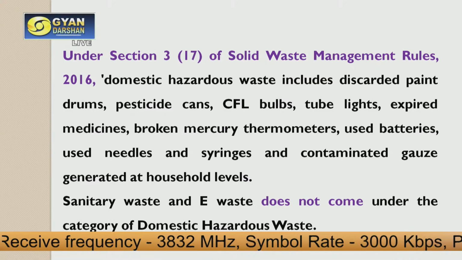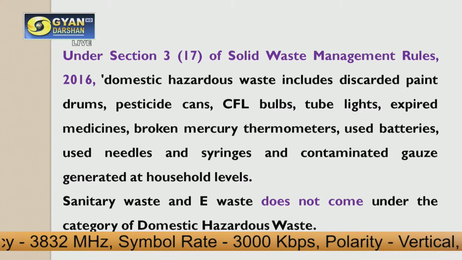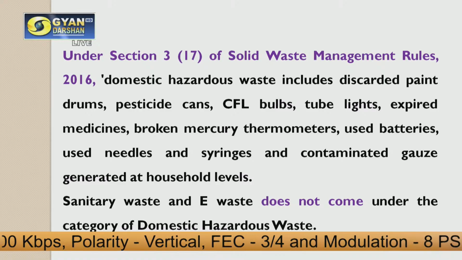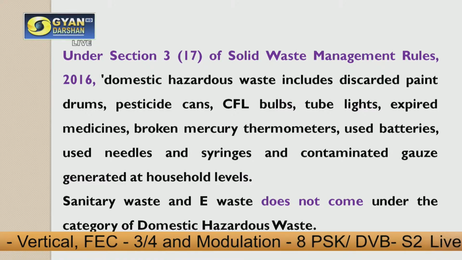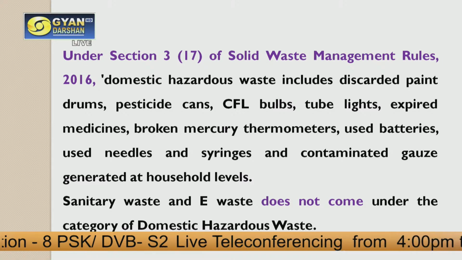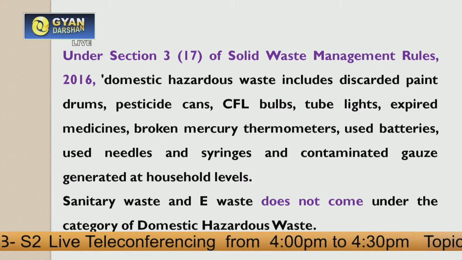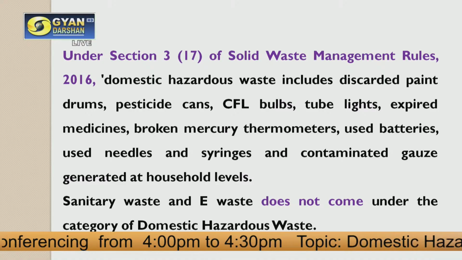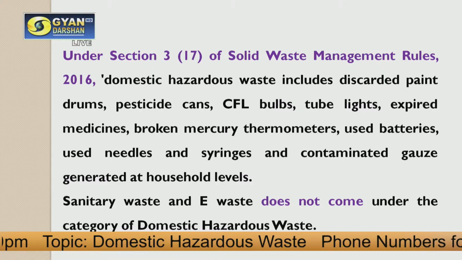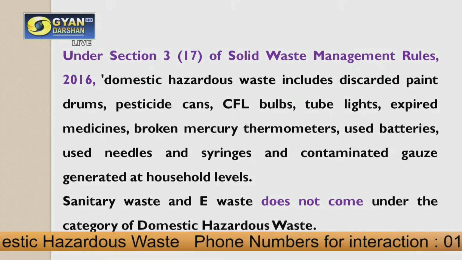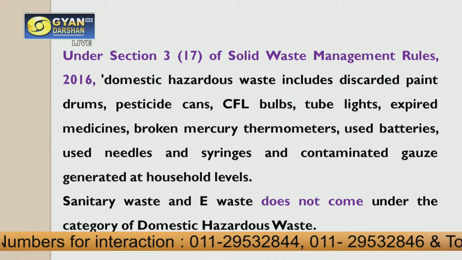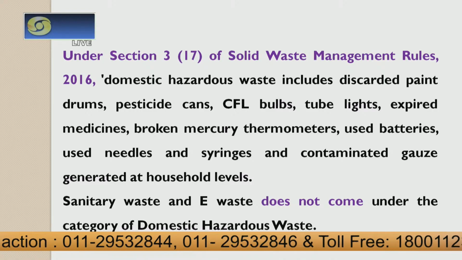They were formed in 2000 and after 16 years they were amended, and according to Solid Waste Management Rules 2016, domestic hazardous waste includes, now see what is there in it: discarded paint drums, pesticide cans, CFL bulbs, tube lights, expired medicines, broken mercury thermometers, used batteries, used needles and syringes, and contaminated gauze generated at household levels.